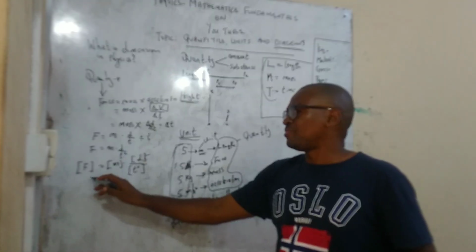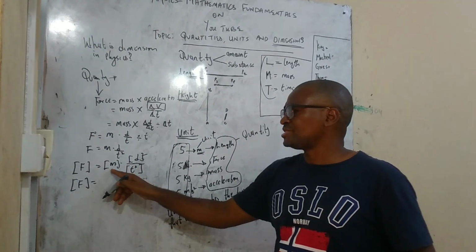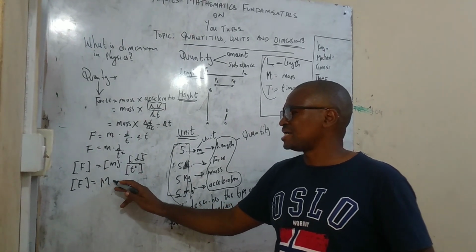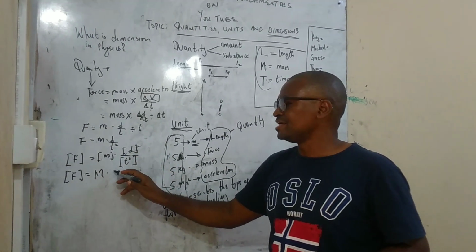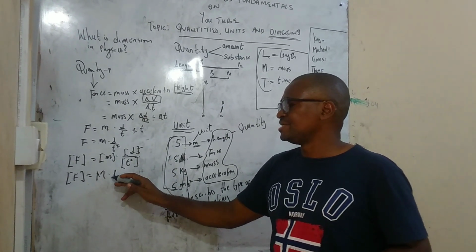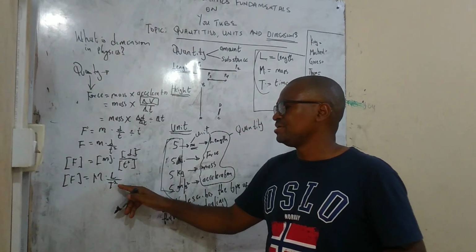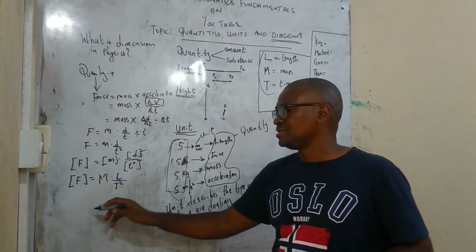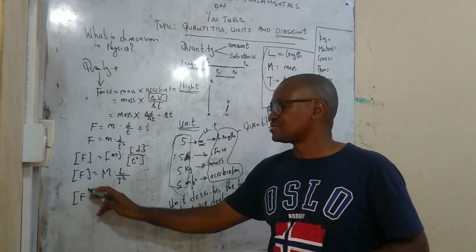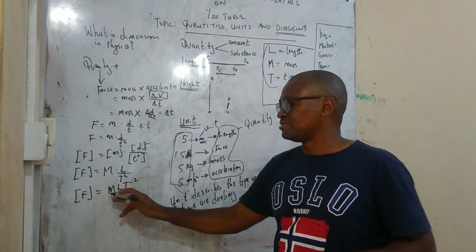So if I put this out, therefore the dimension of F means the dimension of m is capital letter M, times the dimension of the displacement is letter L, then divided by the dimension of t squared is capital T squared. From the law of indices, if you carry this positive power up, it will become negative. So the dimension of force is equal to M L T raised to power minus 2.